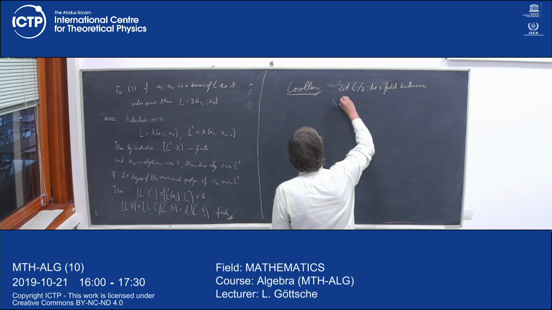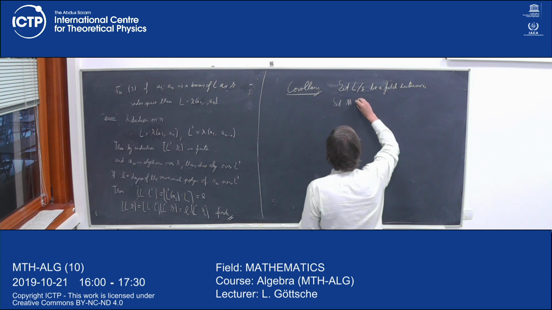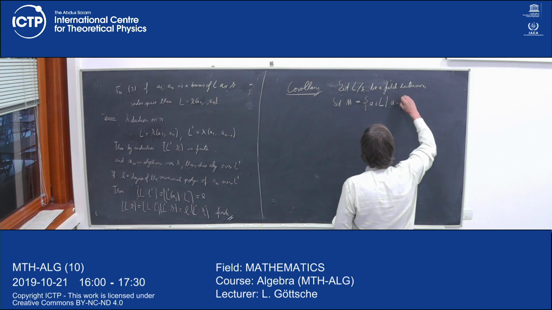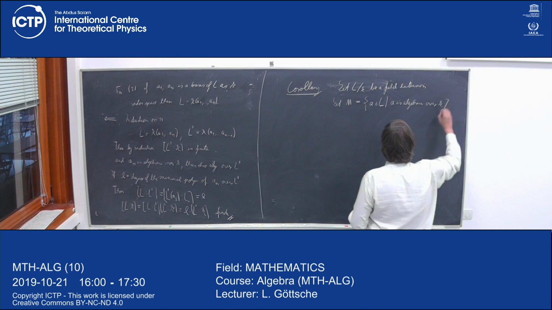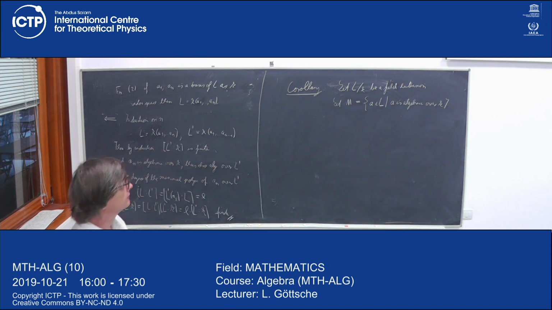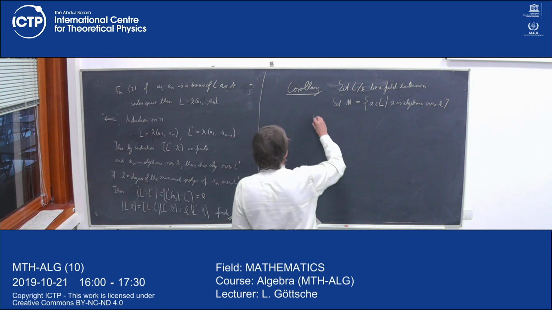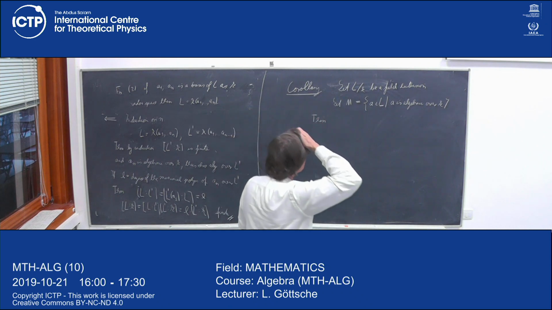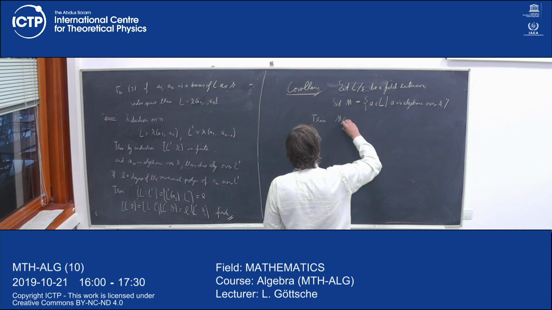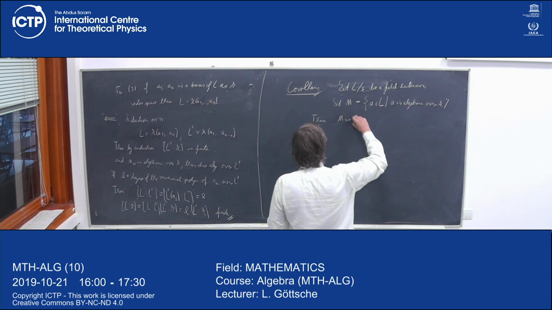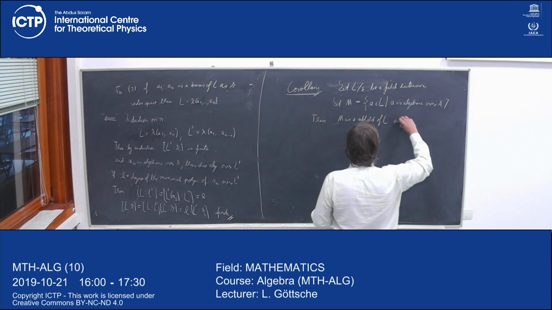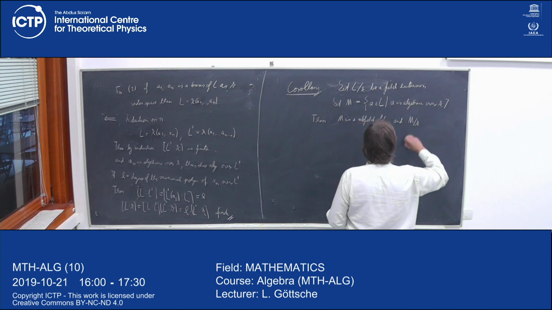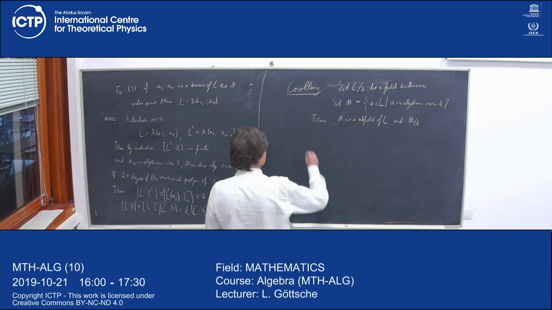And let M be the set of all A in L such that A is algebraic over K. So I take all algebraic elements from this bigger field, then M over K. So then M is a subfield of L, and obviously M over K is an algebraic field extension.